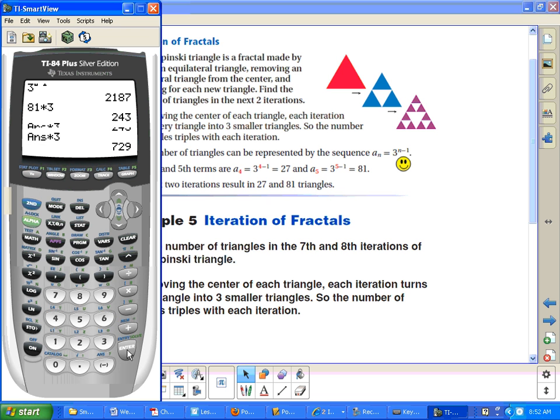Multiply that by 3 to get the 7th, and multiply that by 3 to get the 8th. So you have both options available to you to check your answer. So either way works.